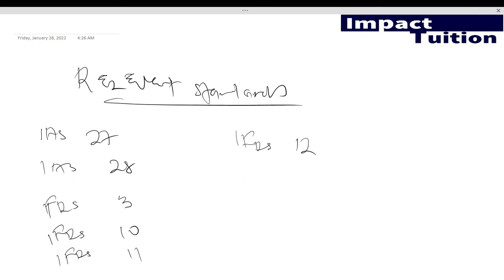IAS 28 outlines how to apply, with certain limited exceptions, the equity method to investments in associates and joint ventures. That is IAS 28.